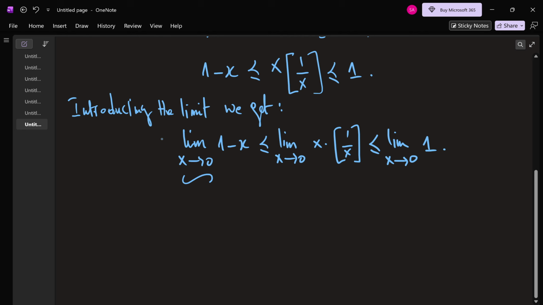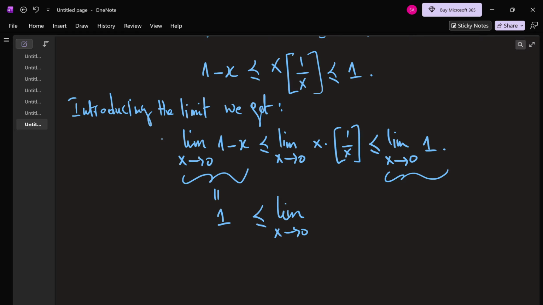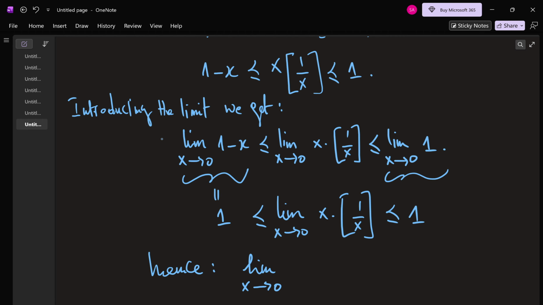Now this is equal to 1 less than or equal to the limit when x goes to 0 of x times the floor of 1 over x, less than or equal to 1. Hence, finally, we deduce that the limit when x goes to 0 of x times the floor of 1 over x is equal simply to 1.